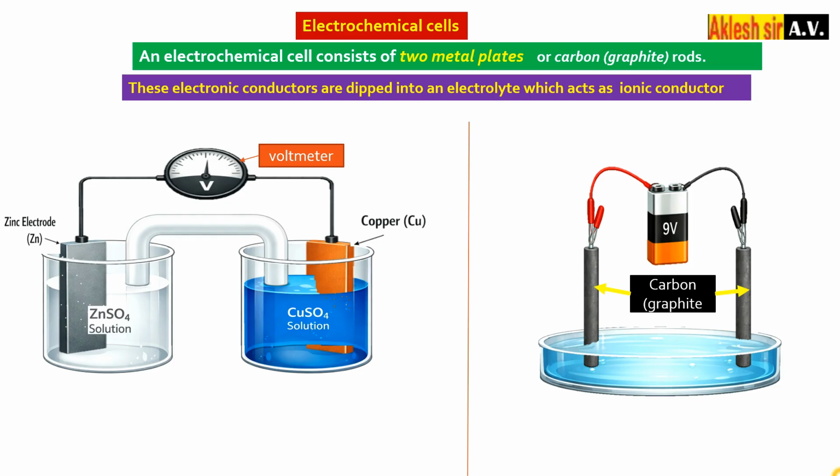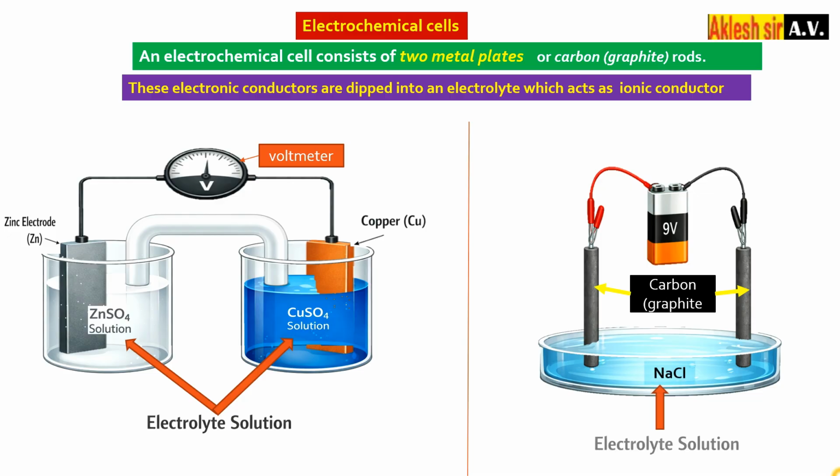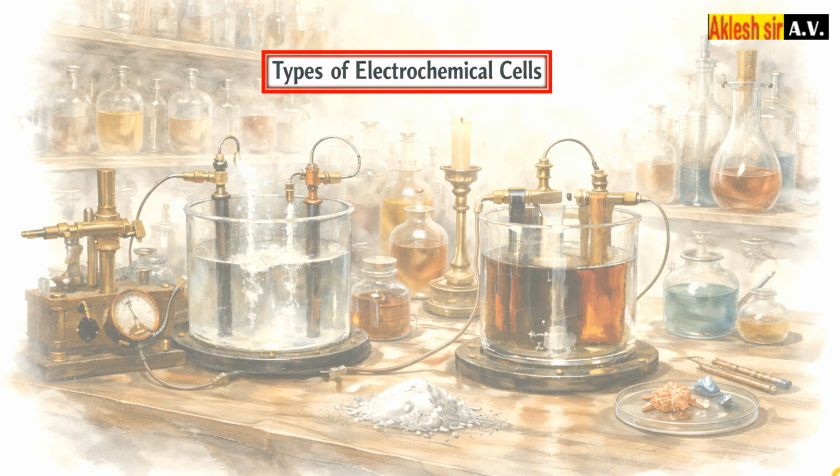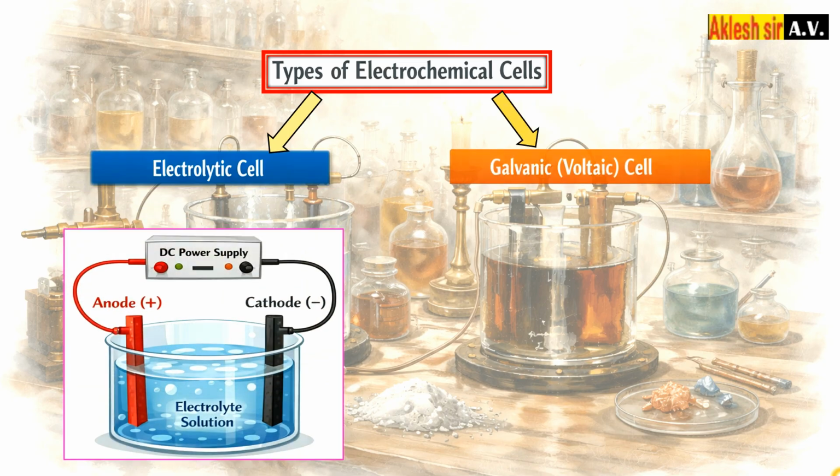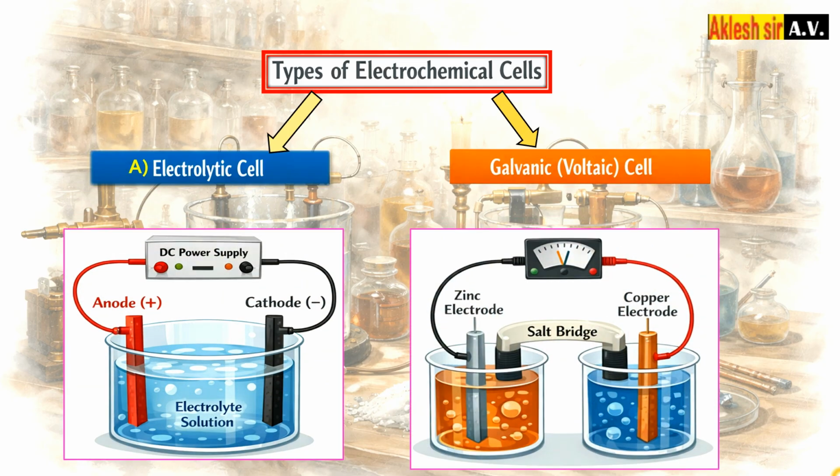Here in below animation zinc sulfate and copper sulfate act as electrolyte. And in right side animation, sodium chloride acts as electrolyte. Types of electrochemical cells: electrolytic cell and galvanic or voltaic cell.